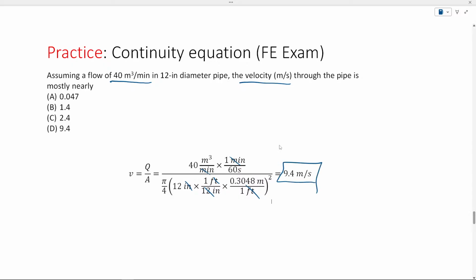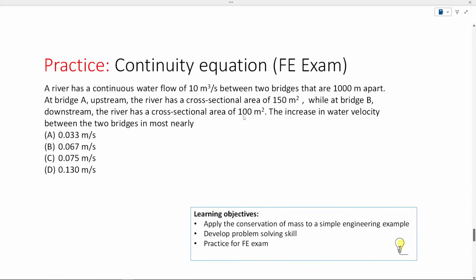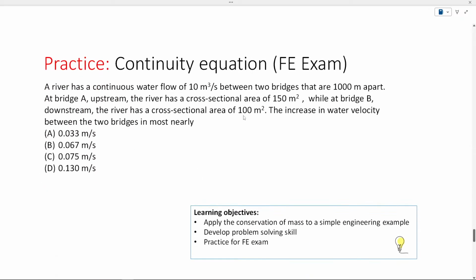Okay, so that's basically how you can do it. This is another example practice problem, and again, all these are FE exam style, so you can practice for the FE exam.